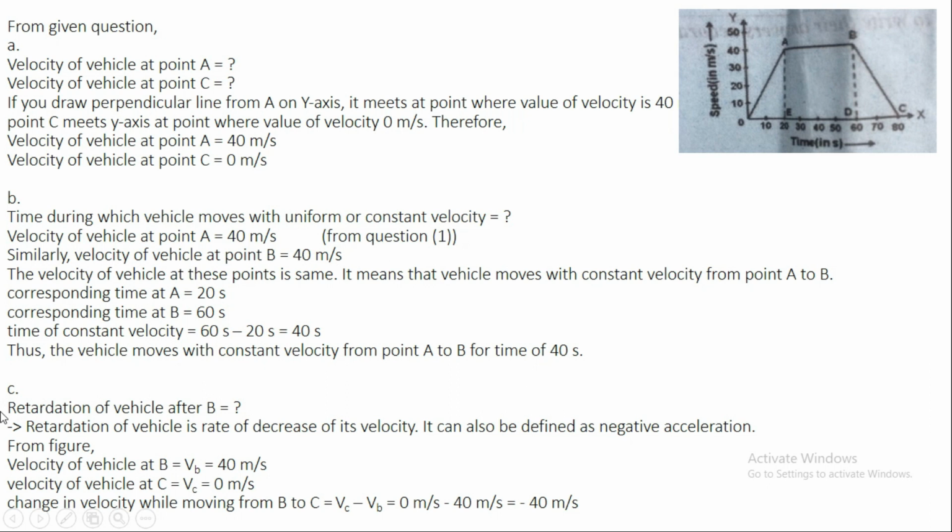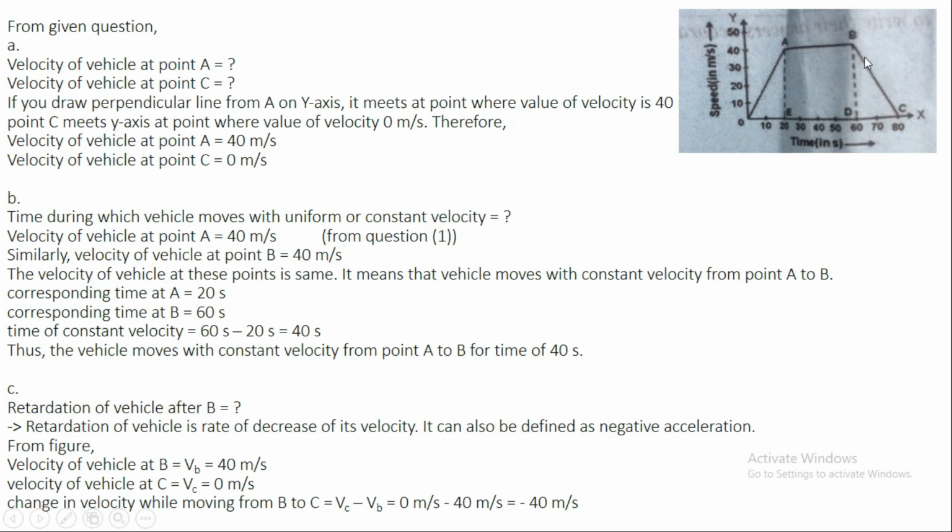The question is the retardation of the vehicle after B. When the motion of the vehicle is represented by B to C, BC, then during this time what is the retardation of the vehicle? You can see here that when the vehicle moves from B to C, the velocity is decreasing.